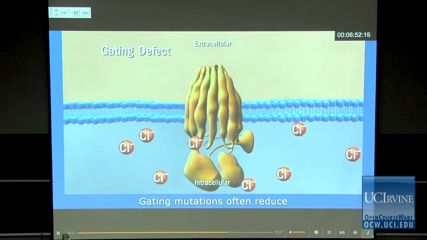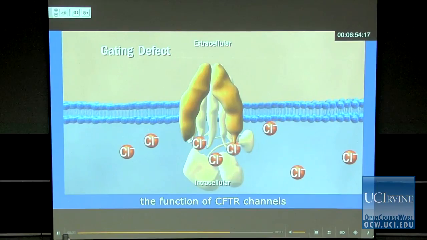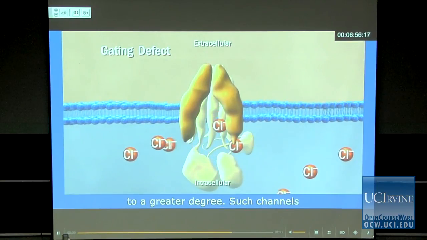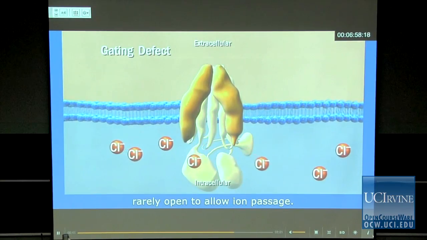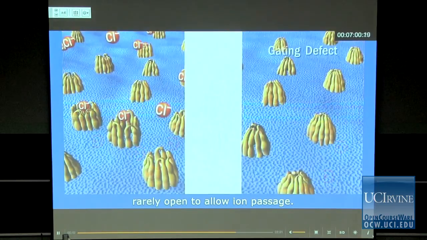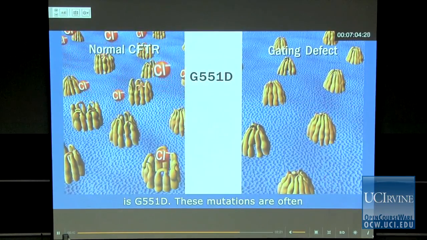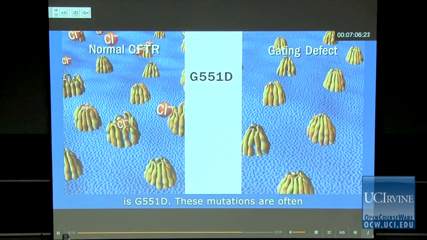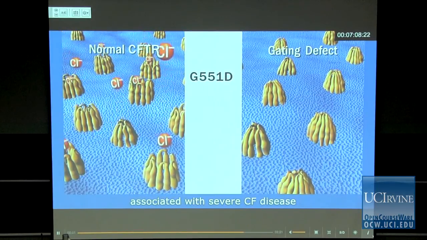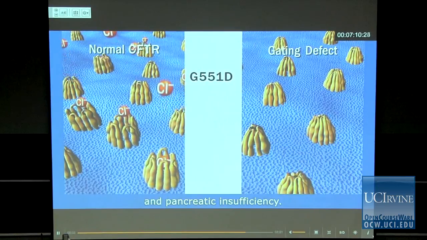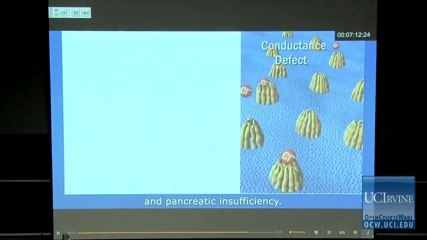Gating mutations often reduce the function of CFTR channels to a greater degree. Such channels rarely open to allow ion passage. The most common example of this type of mutation is G551D. These mutations are often associated with severe CF disease and pancreatic insufficiency.